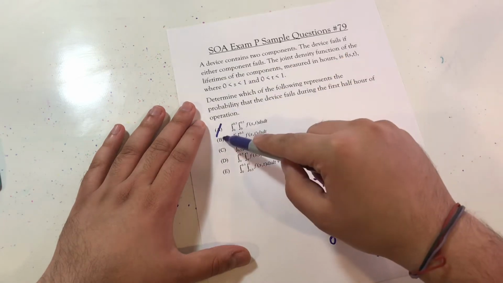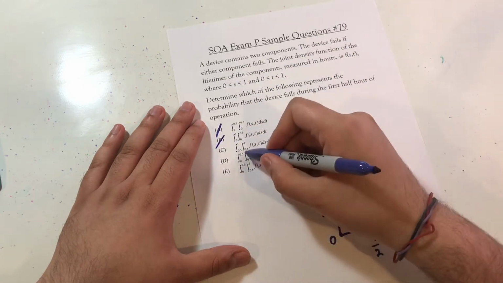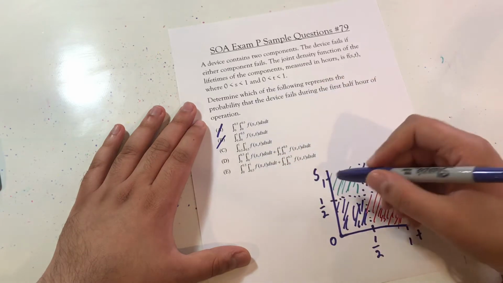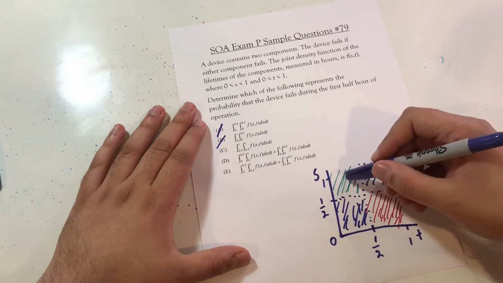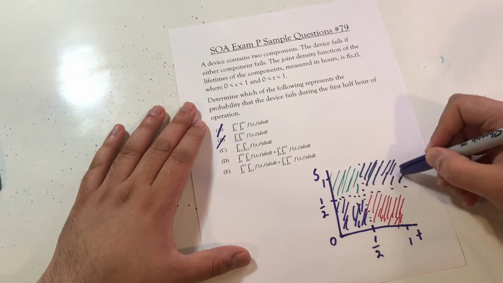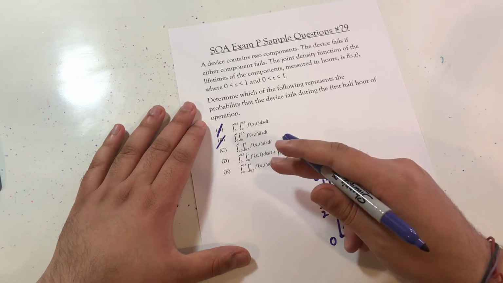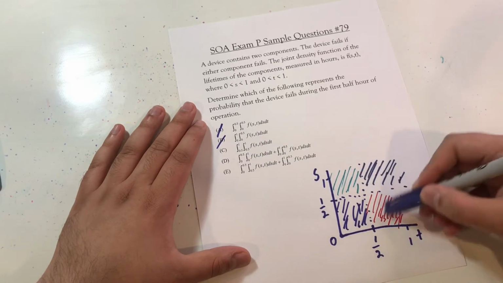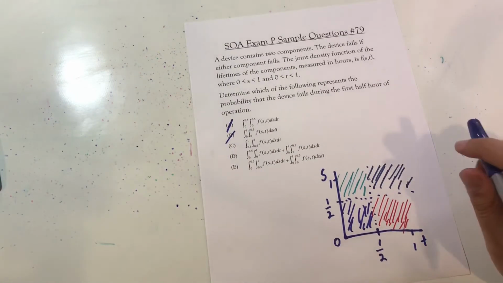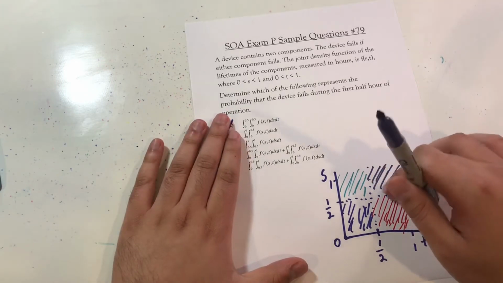So it's not B. Next, 0.5 to 1 for ds, so up here, great, and then 0.5 to 1 for dt, so here, which is not it. That's just this section here.